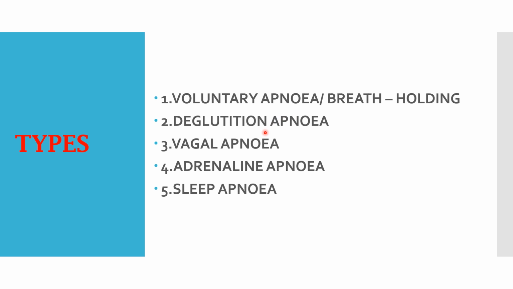And the deglutition apnea is nothing but stopping of respiration during the swallowing process, so that the food or fluid will not enter into the respiratory tract. And vagal apnea is produced experimentally in animals by stimulation of vagus nerves. And adrenaline apnea is also produced after injection of high doses of adrenaline.